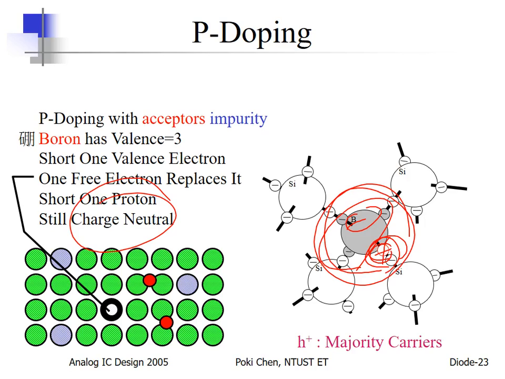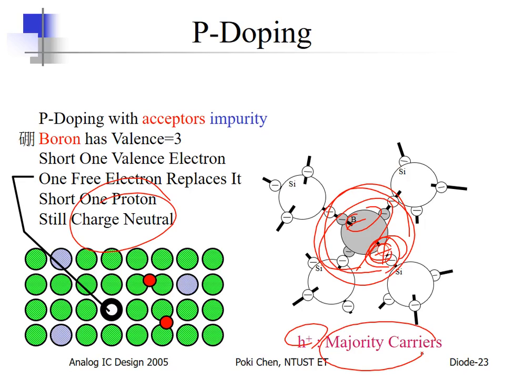And right now, holes become majority carriers. Again, the density of holes becomes sky high, and a very, very little portion of it needs to recombine with the free electrons.